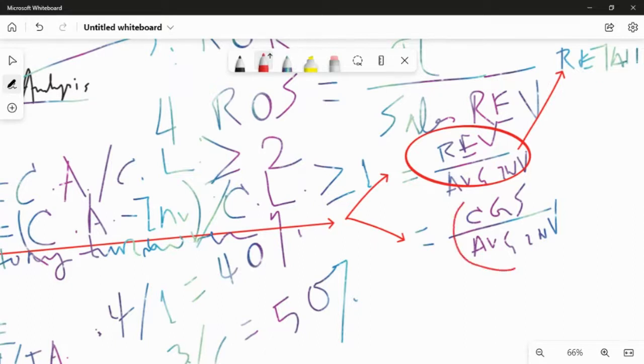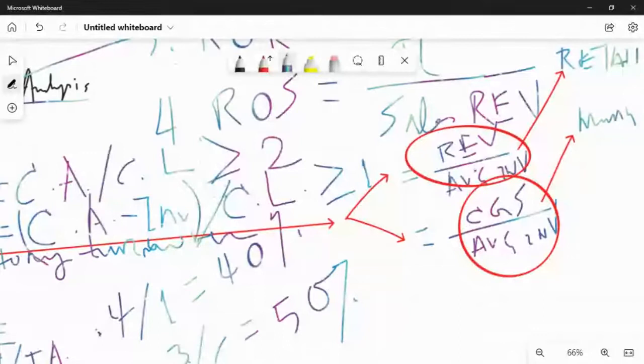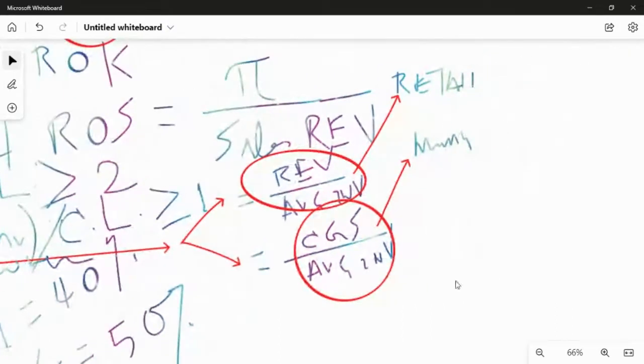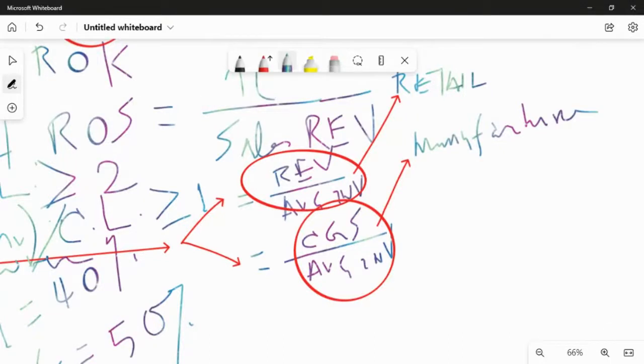And this is the formula for manufacturing. Now, what is the average inventory then, right?